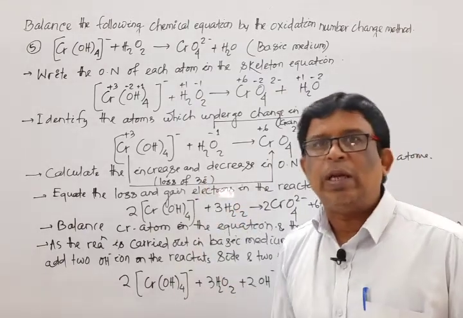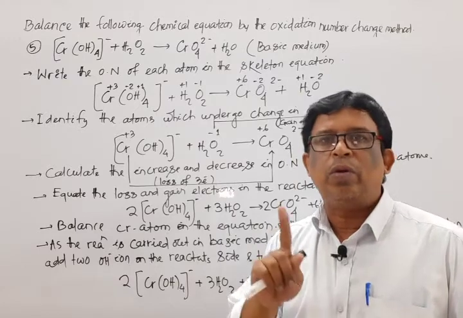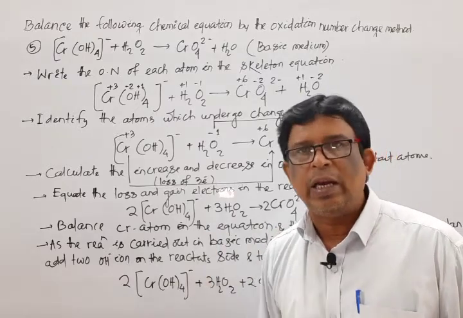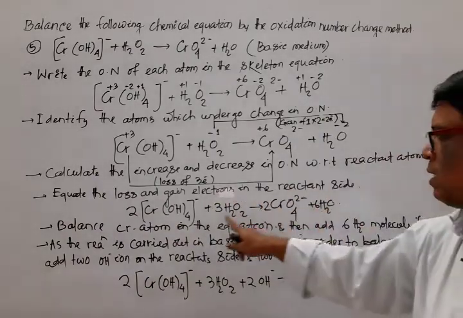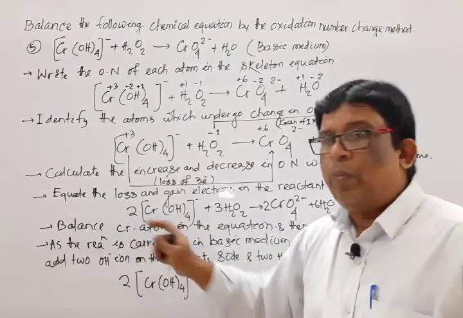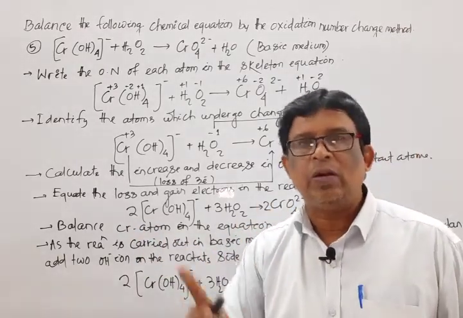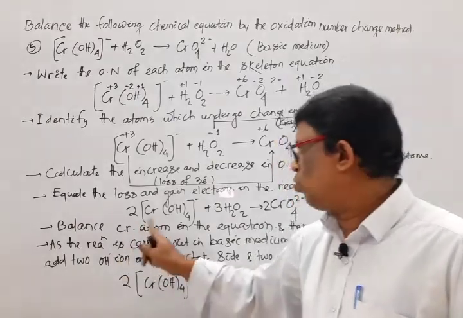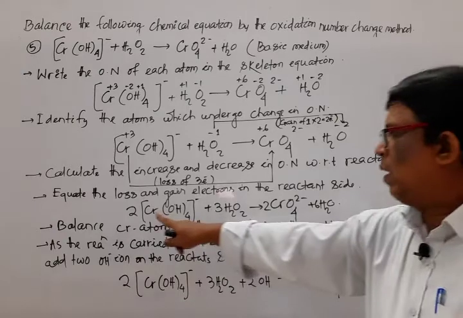We have to multiply by suitable integers such that total loss is equal to total gain of electrons, by multiplying 2 and 3 here. Finally, balance all the other atoms except oxygen and hydrogen by hit and trial method. Here chromium is there. Balance chromium by multiplying by 2.